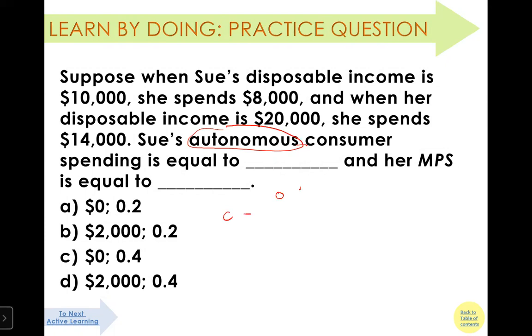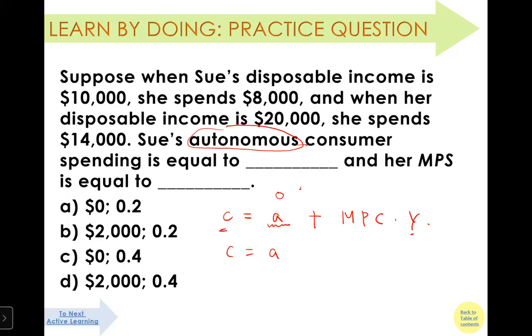C equals A, for this individual, plus MPC times Y, right? In order to find A, you just look at what the consumption is when Y equals 0. Because when Y equals 0, you can see C equals A, or A equals C, all right?